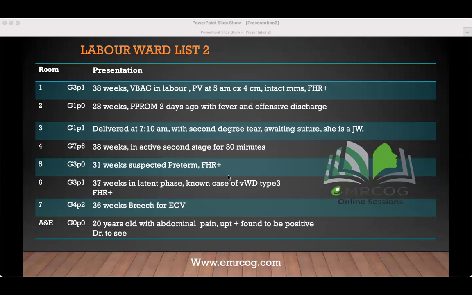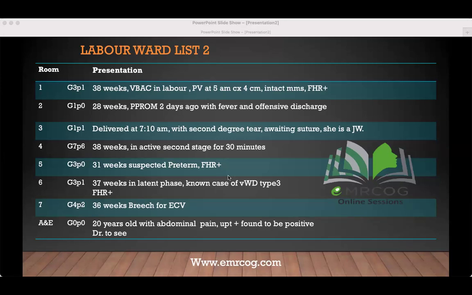In your ultrasound assessment, anything else will you look for? Yes, the placental localization and the amniotic fluid index. Okay.